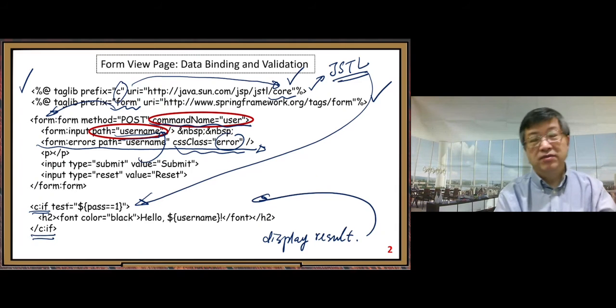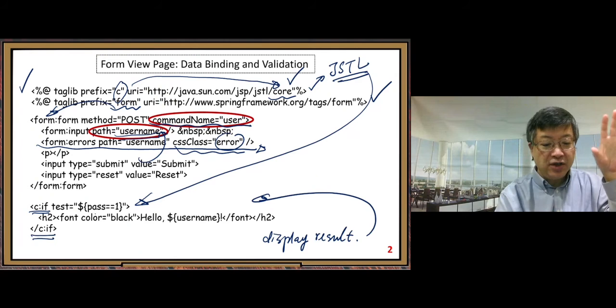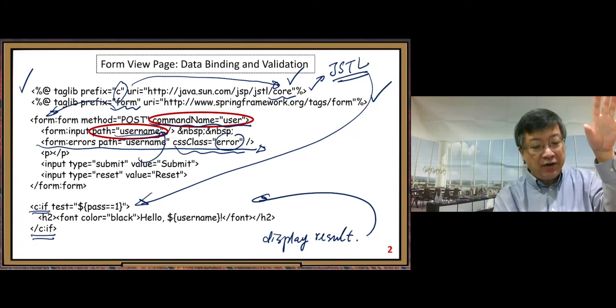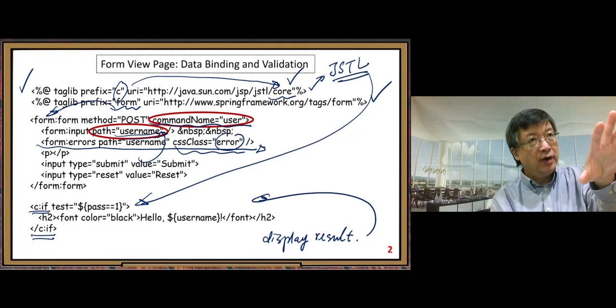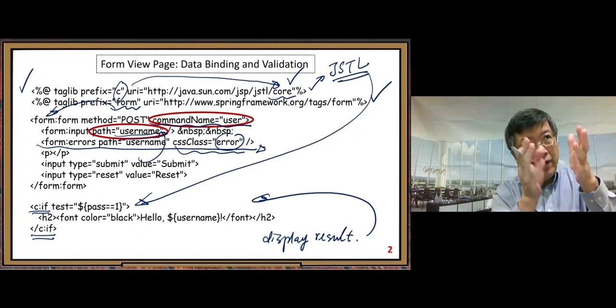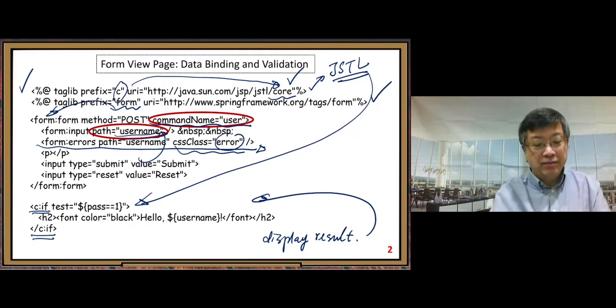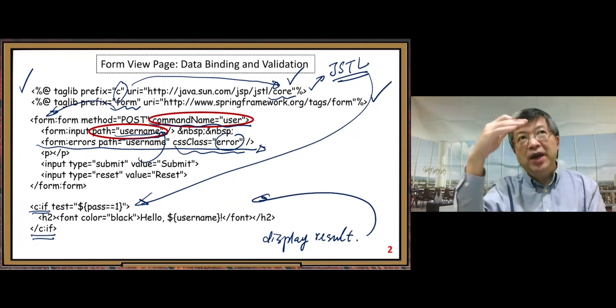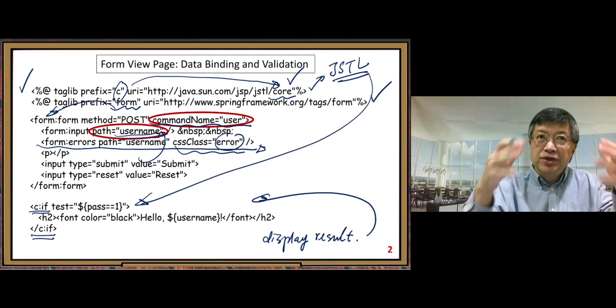Then test, the condition: ${pass == 1}. Now remember, in the controller, we stored 1 as the attribute under the attribute name pass. So if it equals 1, that means this is the second time we use this page.